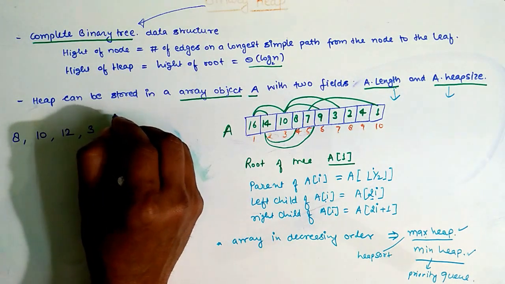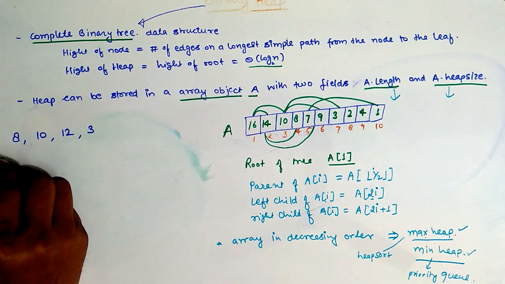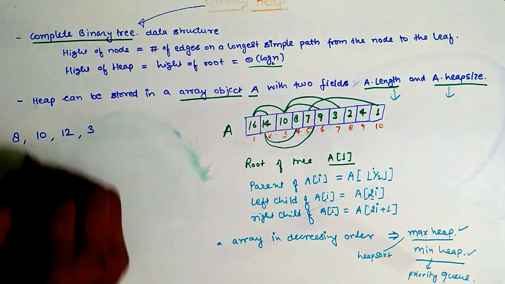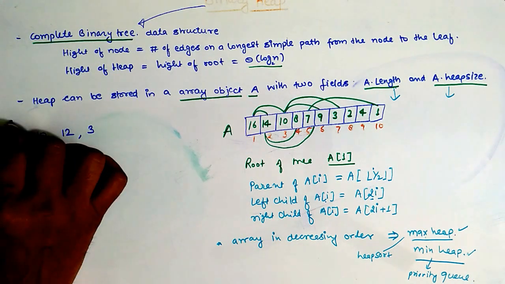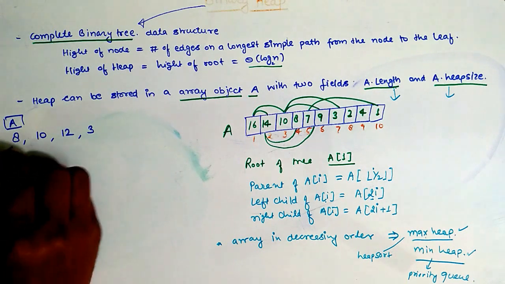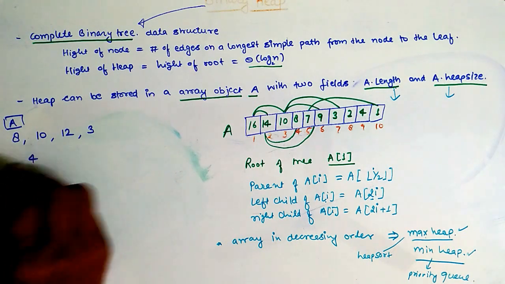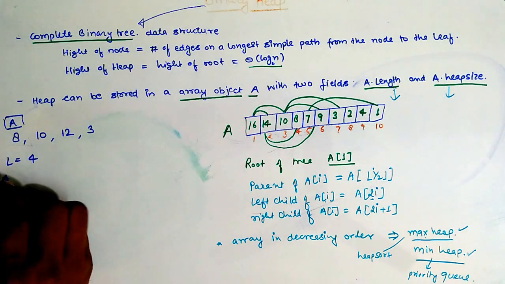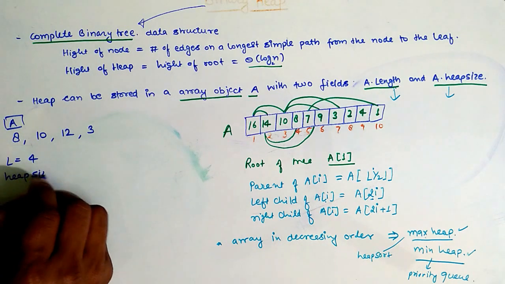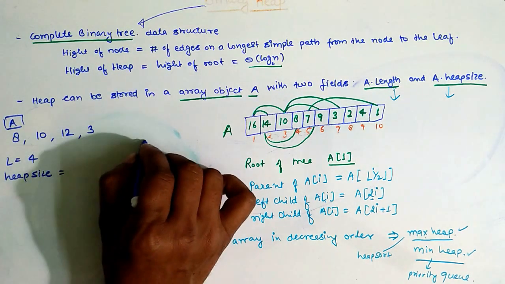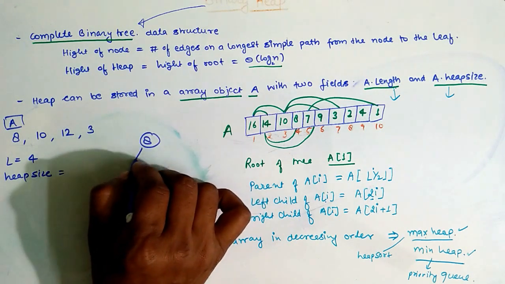Now, suppose this array is A. For this array A, the length of the array is 4, because 4 elements are there. And the heap size, let's draw it with a tree.